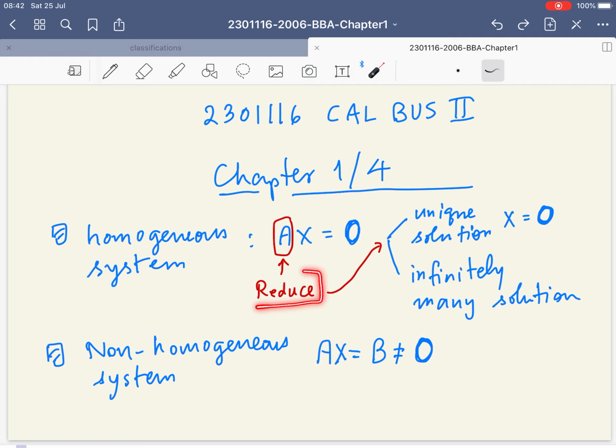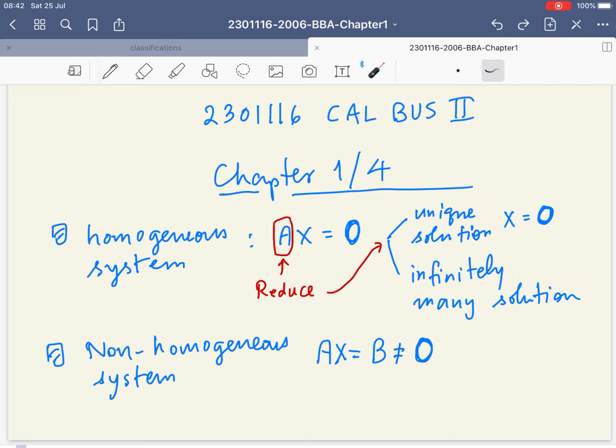If you reduce your A to a reduced matrix, then this reduced matrix will indicate whether you are going to have a unique trivial solution, where all the variables equal 0, or you may obtain infinitely many solutions, depending on the non-zero rows of your reduced matrix and the number of variables.